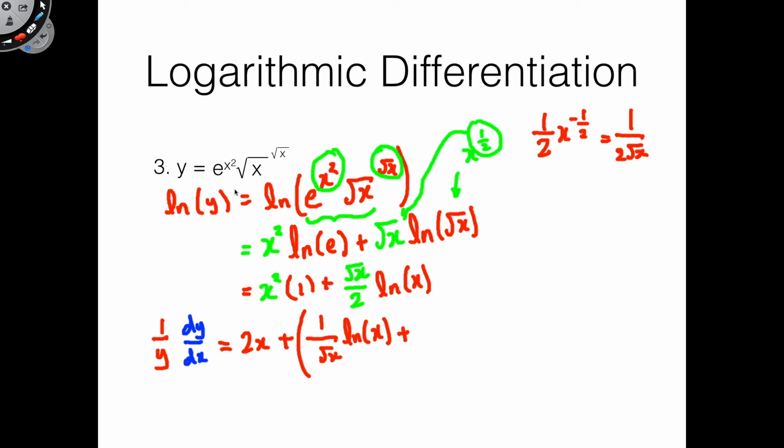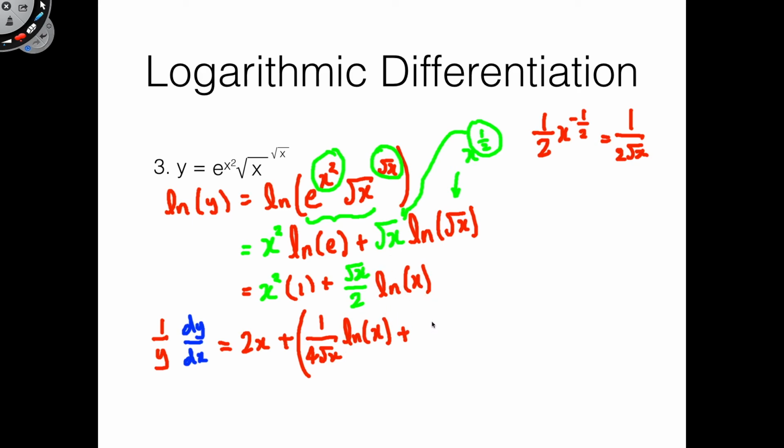And the reason for that, if you take a look here, is you've got a 2 over there. It's over 1/2. So you've got a 1/2 coming from here, but you've also got a 1/2 coming from here. So it's really a 1 over 4 square root of x, right? Times ln of x.